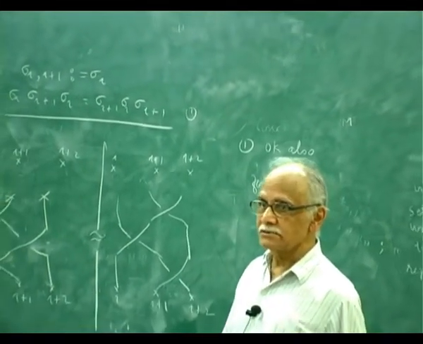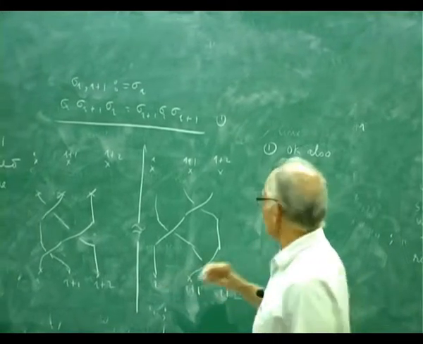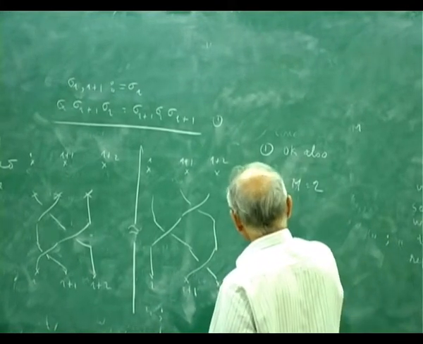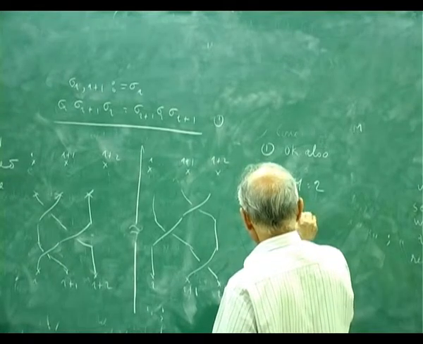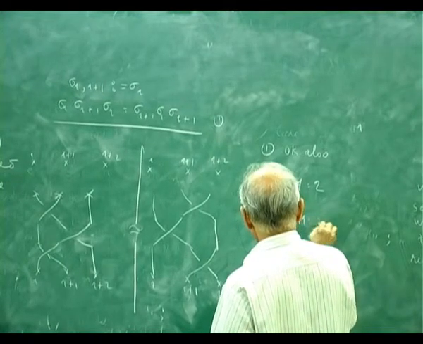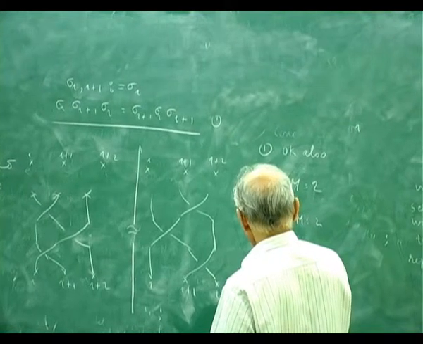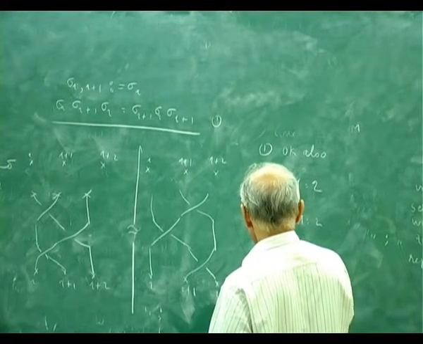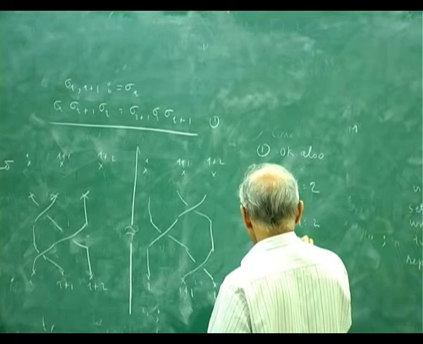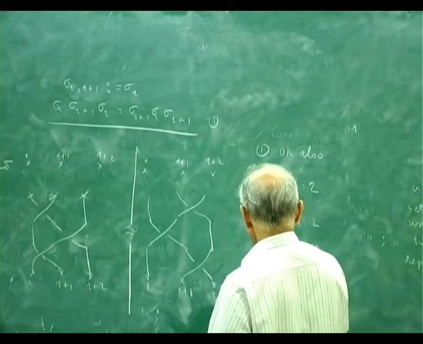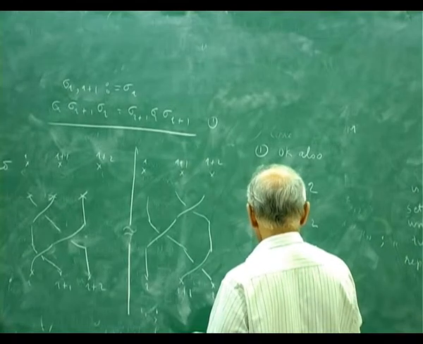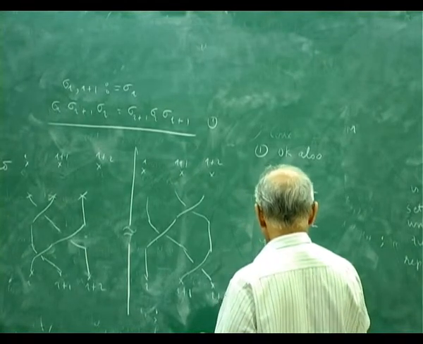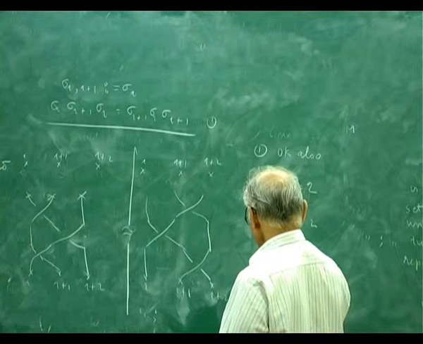I will get a knot. Right? So for n equal to 2, which is 2 dimensions, m equal to 2, if we join top with bottom, we get a knot.